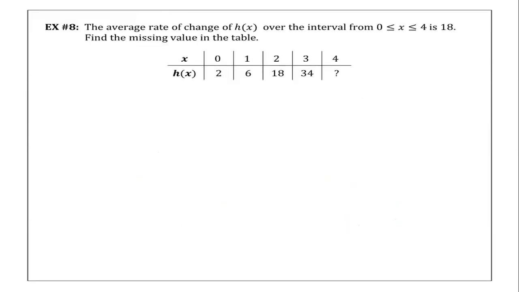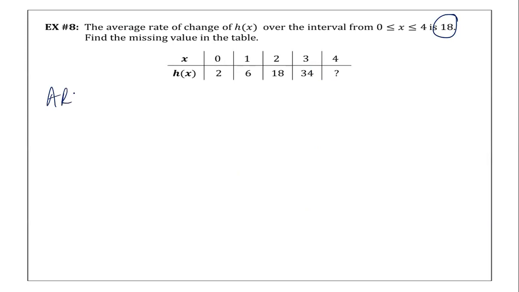Now, looking at it from a table. The table we have here is the function h of x. Notice that I do not have an actual h of x equals blah, blah, blah. It's from 0 to 4, and it tells us that the average rate of change of h of x on this interval is 18.